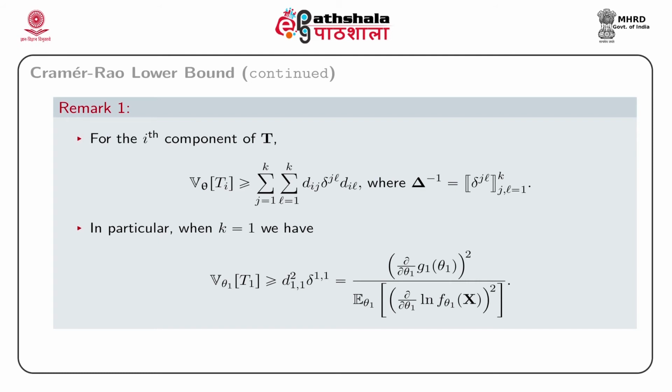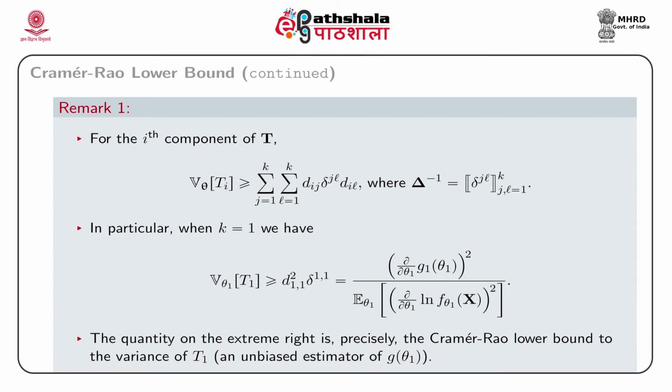Since d11 equals ∂/∂θ1 g1(θ1), we get the variance of T1 is greater than or equal to (∂/∂θ1 g1(θ1)) squared divided by the expectation over θ1 of (∂/∂θ1 log f_θ1(x)) squared. The RHS of the above inequality is the Cramér-Rao lower bound to the variance of an unbiased estimator of g1(θ1).